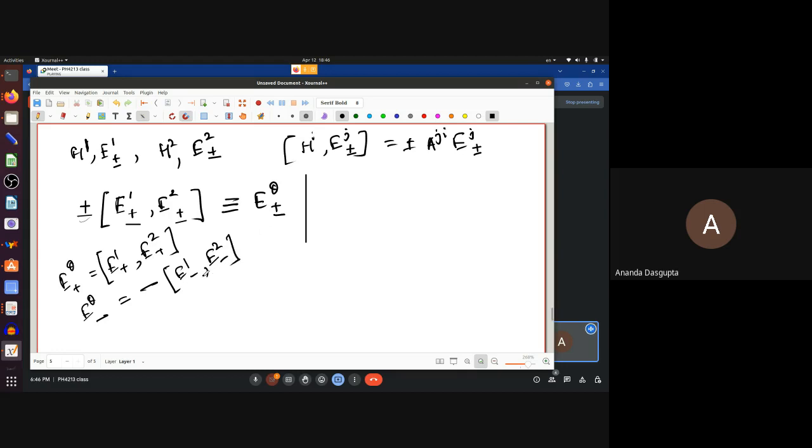So I define these two commutators. I just want to explore their structure. Remember, I have to take all possible, and apart from this, you also have these: E_1 minus with E_2 plus, right?